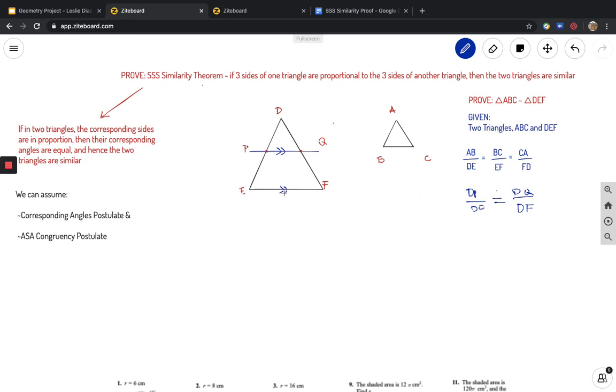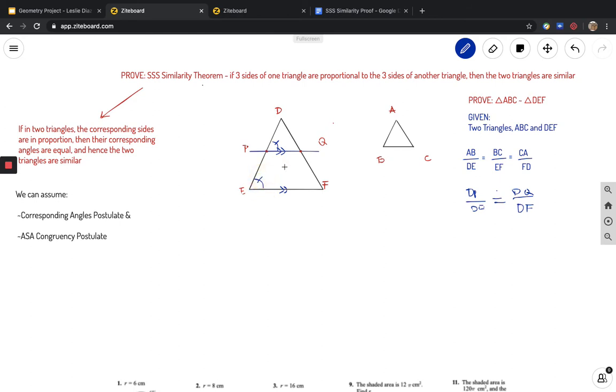So from there, we can also take that angle DPQ, which is this top angle, is the same as, wait, hold up, I did that wrong. Oops. It's angle DPQ, sorry, is the same as angle E, or angle DEF.